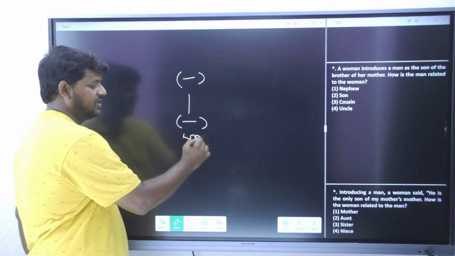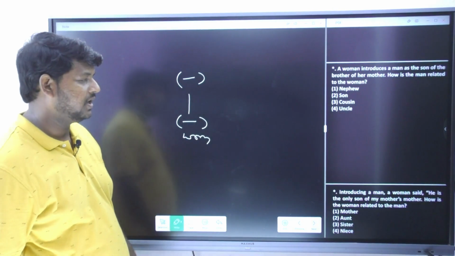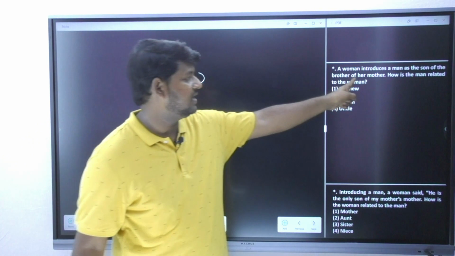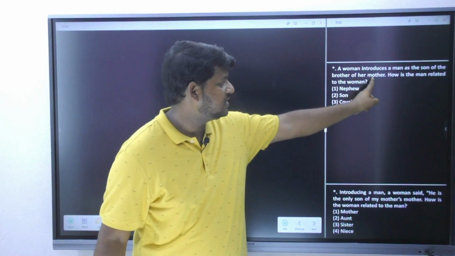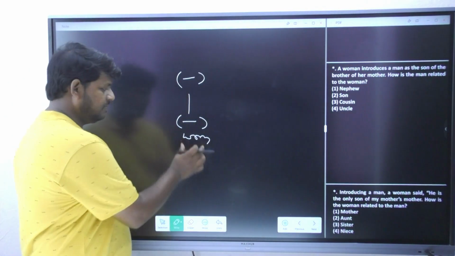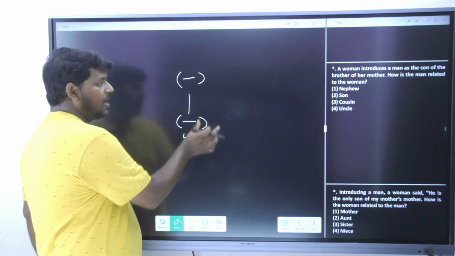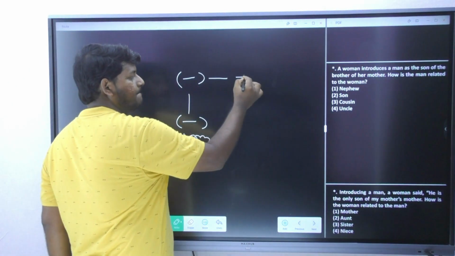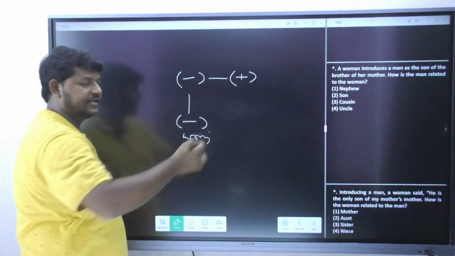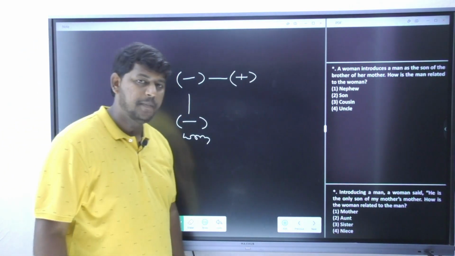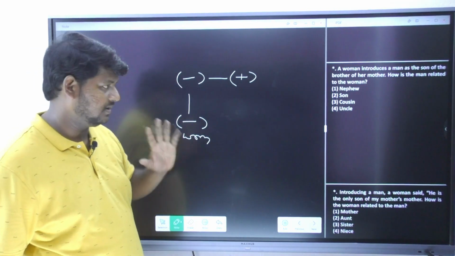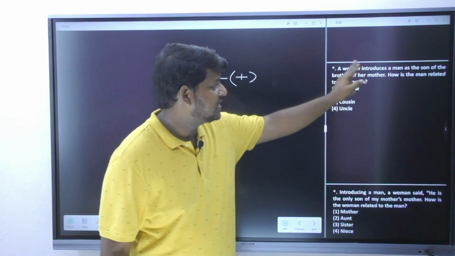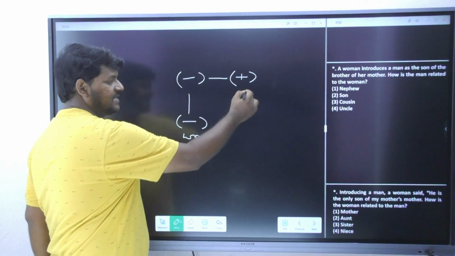This is our speaker, woman. Okay, woman's mother. Now this 'her' is going to be replaced by woman. Woman's mother's brother. It is nothing but woman's paternal uncle or maternal uncle. It is maternal uncle. Okay, woman's mother's brother's son.